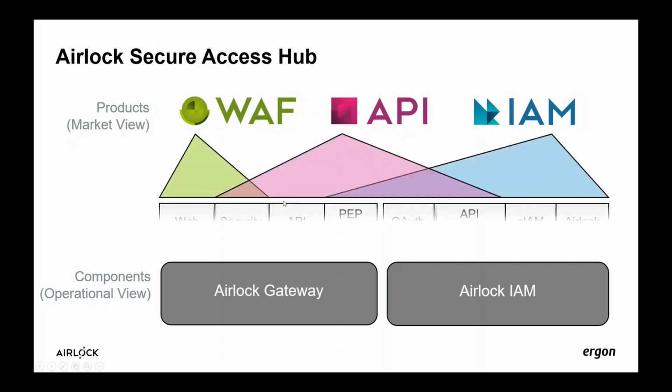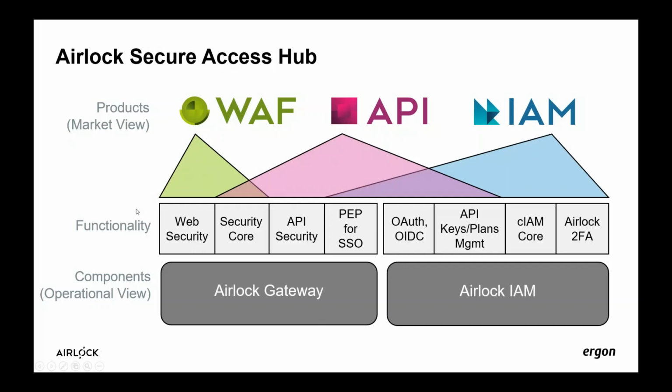When we talked about the functionality, the market view of those products overlaps the actual components. So while the component Airlock IAM more or less does the same thing as the market product Airlock IAM, the Airlock Gateway component does much more than the Airlock WAF market product we are selling.